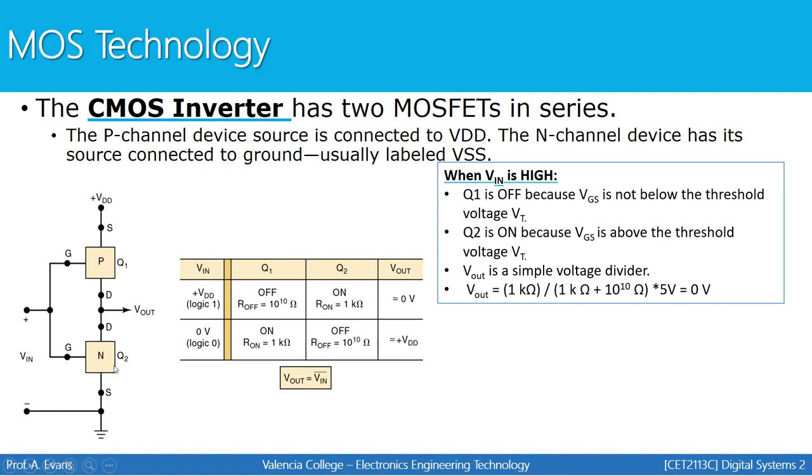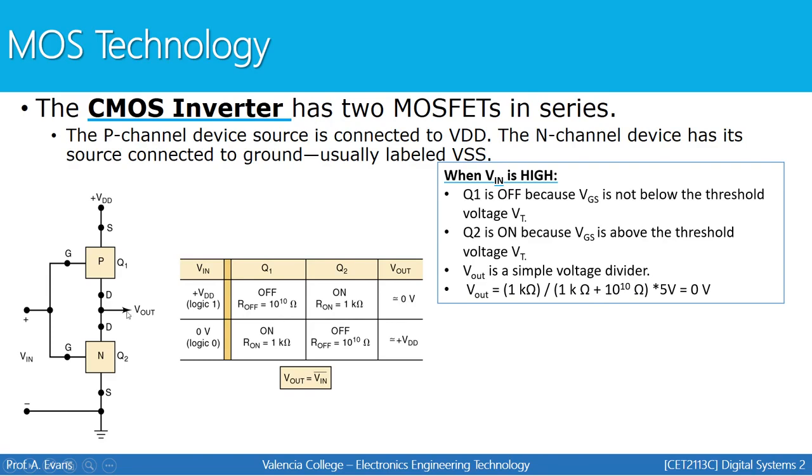So now we can think about Vout as a simple voltage divider, where I'm taking the voltage across Q2. In order to use a voltage divider, I'd need to know the resistance values for Q1 and Q2, which I can get from this table as a reference.